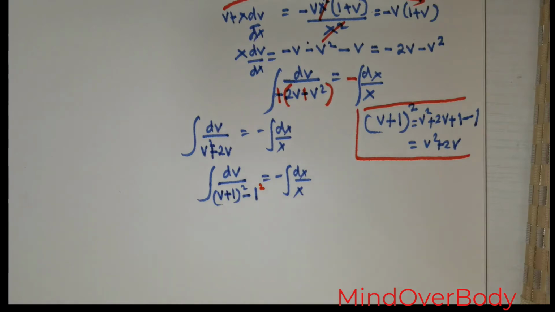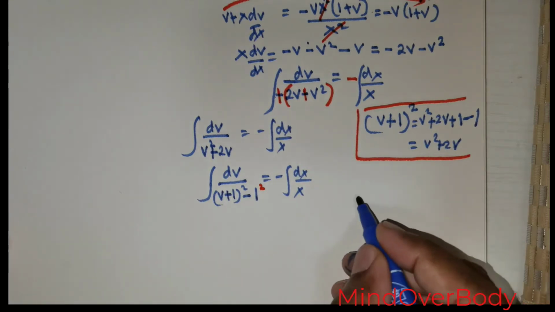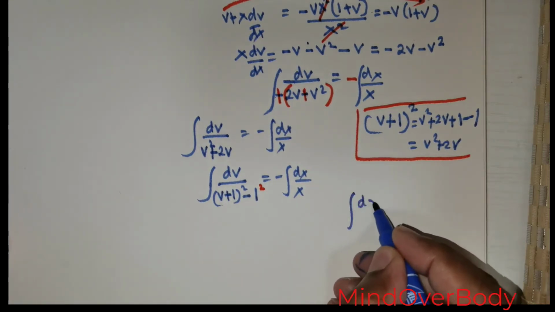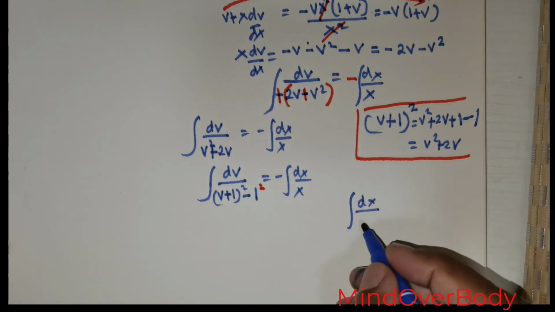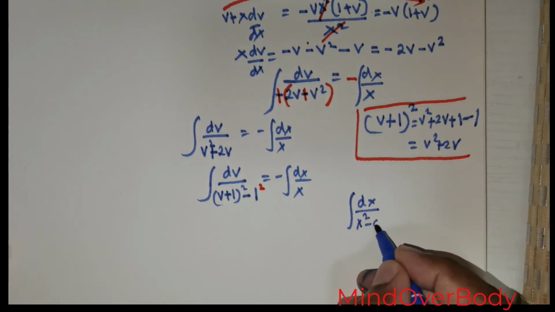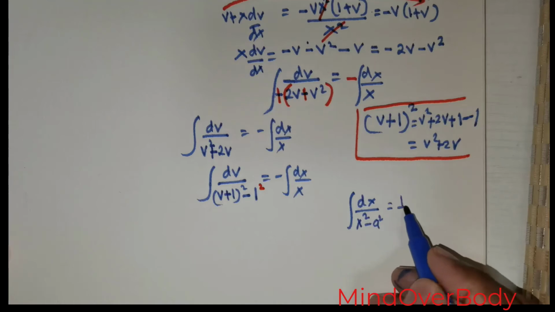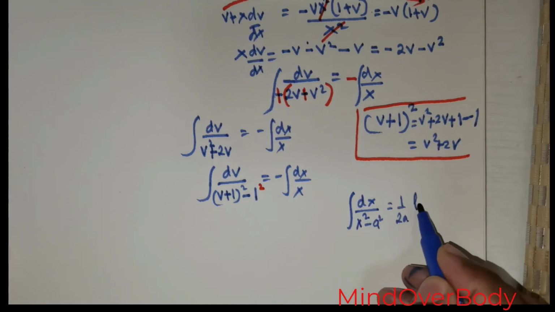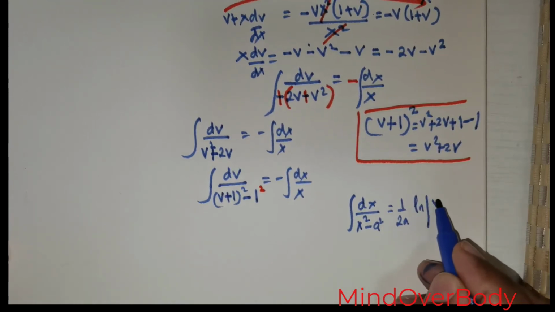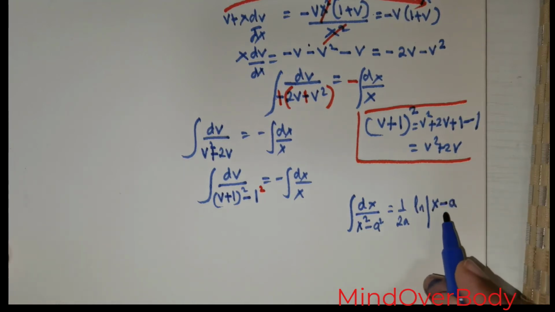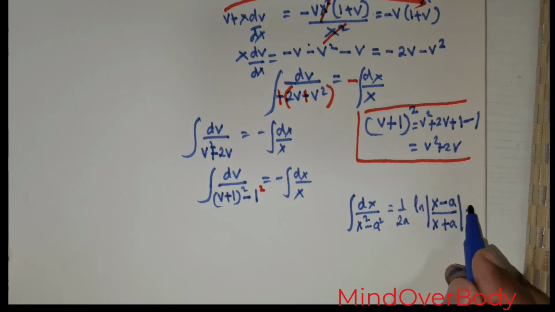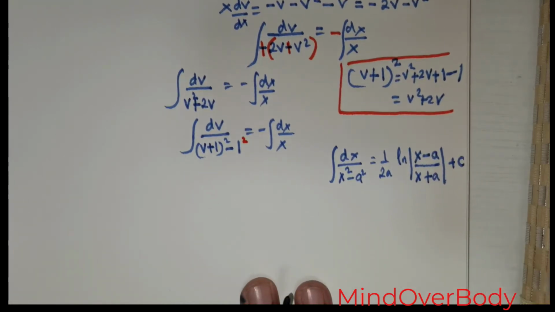And thereby I can use the formula now. There is a formula which we can use: integral dx divided by (x squared negative a squared) is equal to 1 over 2a times ln modulus of (x minus a) divided by (x + a), plus arbitrary constant c.